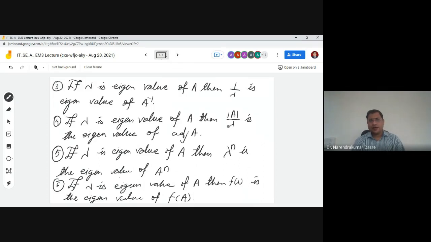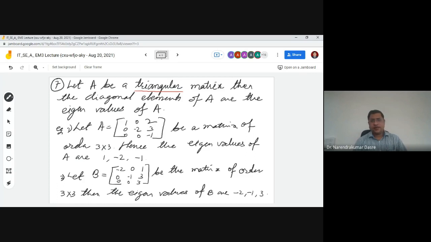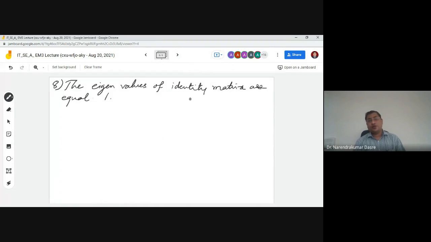Determinant of A upon lambda is an eigenvalue of adjoint of A. Lambda raised to n is an eigenvalue of A raised to n. f of lambda is an eigenvalue of f of A. For a triangular matrix, the diagonal elements are the eigenvalues. And the eigenvalues of the identity matrix are equal to 1.